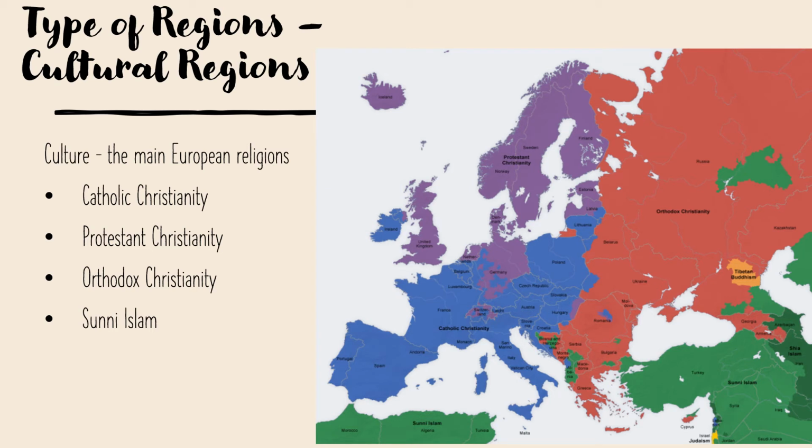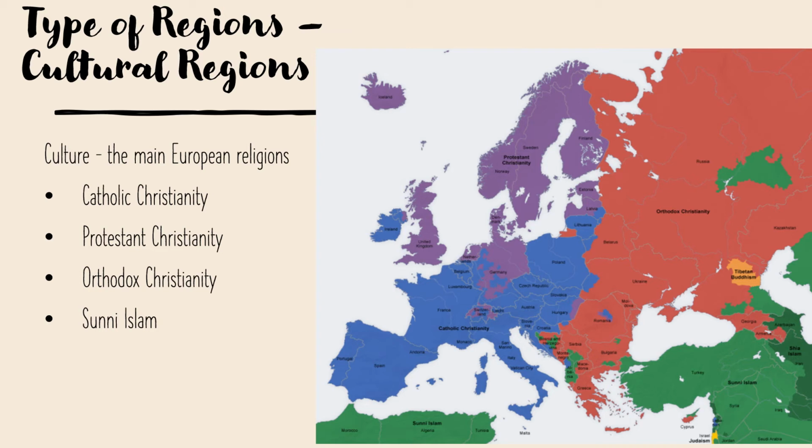Religion is another form of culture. And way back when, before 1550, all of Europe would have been considered Catholic. But around that time, you had the church start to break up and form some different things, and this is just based on the main religion that is practiced in that country.